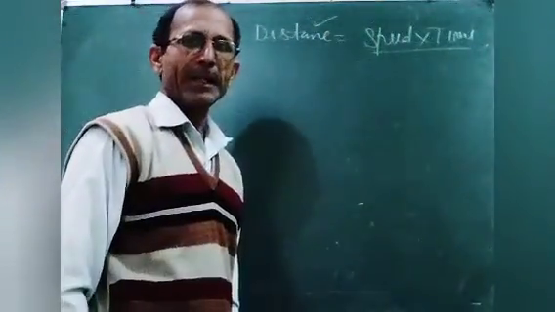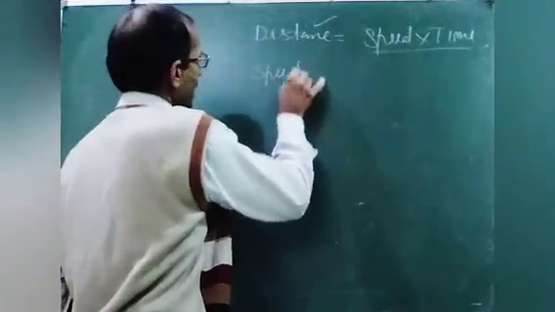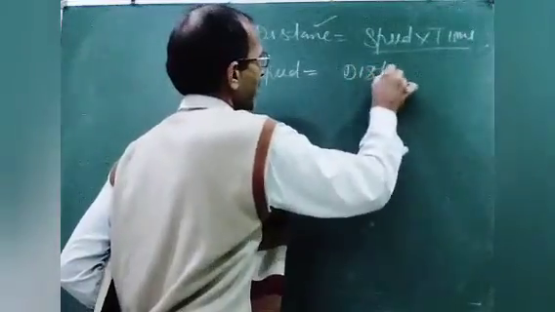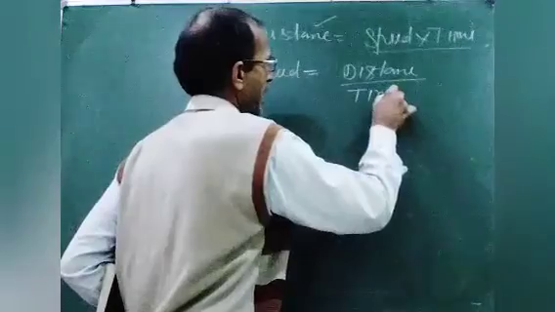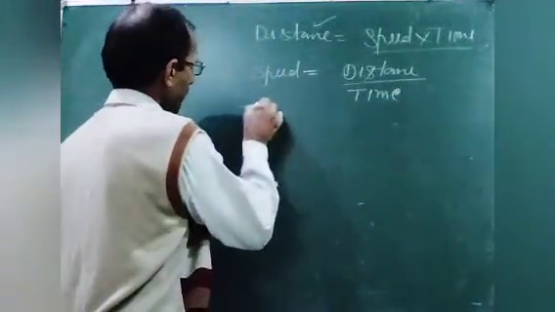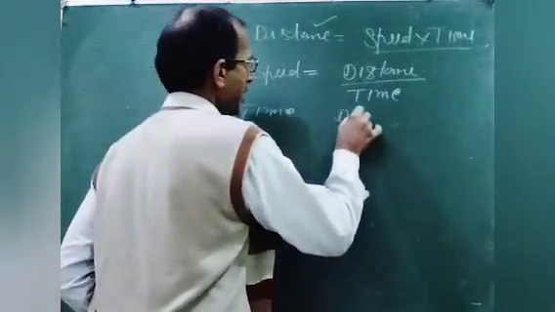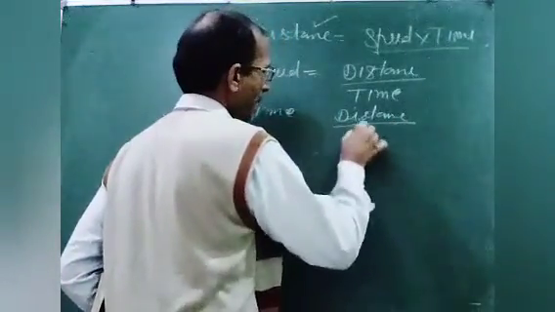If you have to find speed, it is equal to distance by time. If we have to find time, it will be distance upon speed.